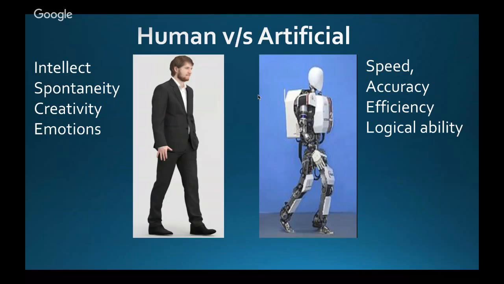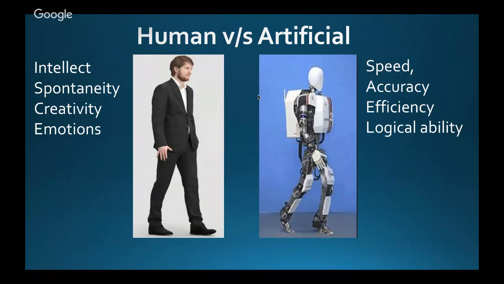Wherever something is repetitive, non-productive, boring, or very labor intensive, or something which can be done by machines in an easier way, just give it to them. But if you have something which is innovative, spontaneous, creative, or which involves a lot of emotion, or which requires active decision making, you can use humans for that purpose.